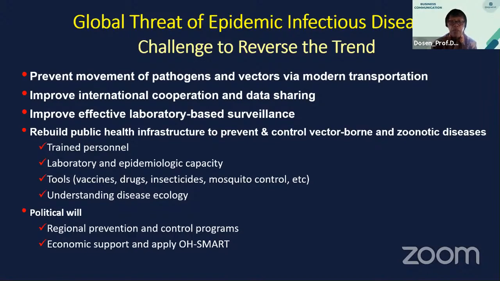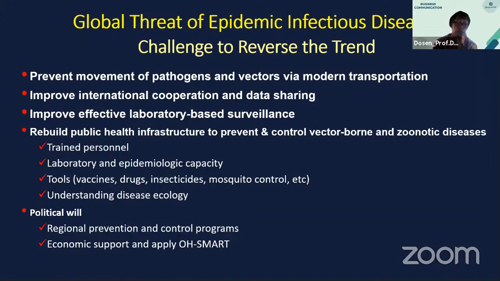We should have active surveillance to identify the disease in the region. And the last one, rebuild public health infrastructure to prevent and control vector-borne and zoonotic diseases.